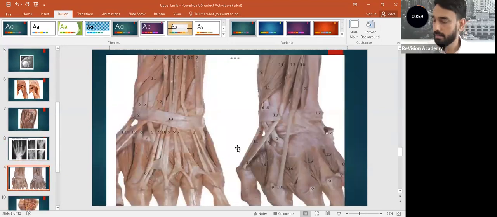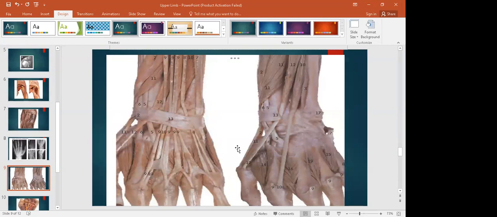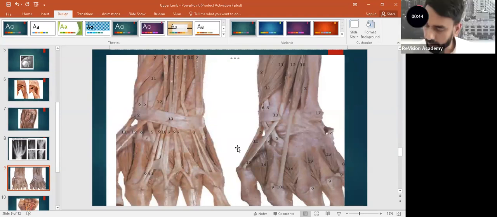Can you please identify number 2? Number 2 is extensor hallucis longus. Sorry, extensor pollicis longus.